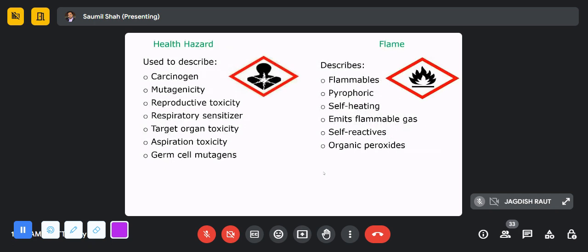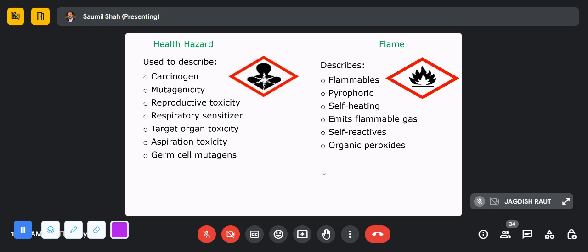Health hazard. You can see the symbol of health hazard in a diamond, which I have mentioned, as well as a flame. Whenever you find such a symbol, it indicates that the chemical is flammable in nature and has more health hazard. Health hazard is defined as carcinogenic, mutagenicity, reproductive toxicity, respiratory sensitizer, target organ toxicity, aspiration toxicity, germ cell mutagens.